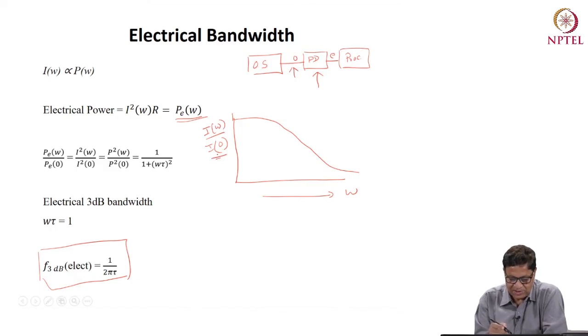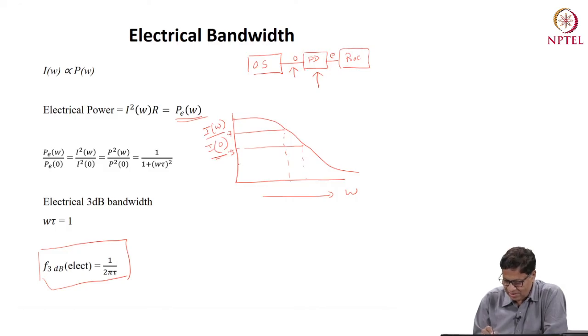From the expressions I have mentioned, there will be two points, one for the electrical bandwidth and the other for the optical bandwidth. The optical bandwidth will be somewhere at 0.5, and the electrical bandwidth at 0.7, because this becomes 1 by root 2. So this will be the 0.7 point, and the corresponding bandwidth is depicted here.